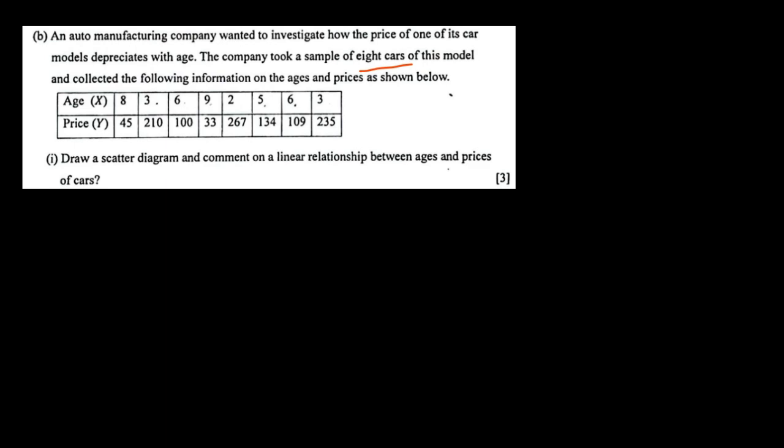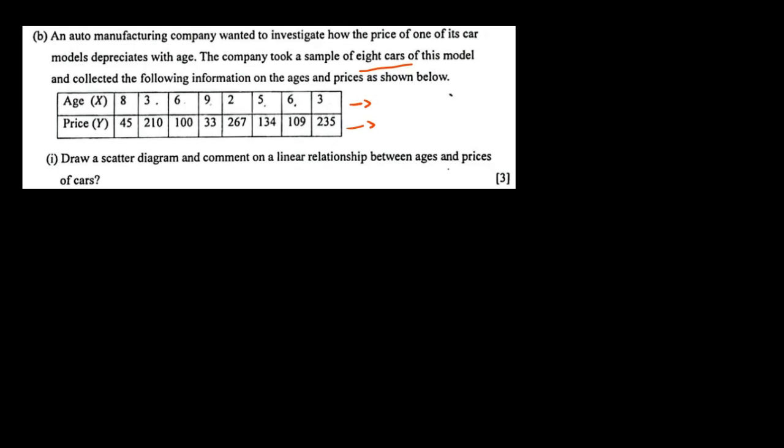We have this table with 2 rows. The first row has the age, and the second row has the price. Number 1, they're saying draw a scatter diagram and comment on a linear relationship between the ages and the prices of the cars.